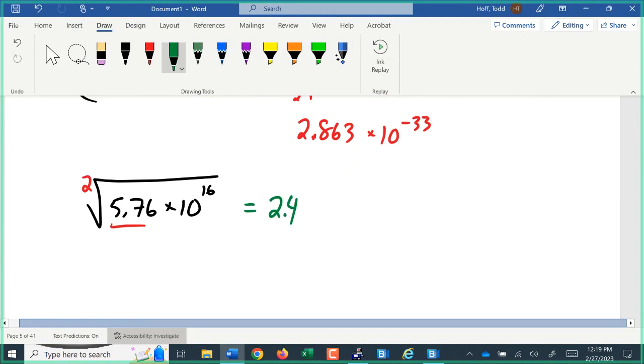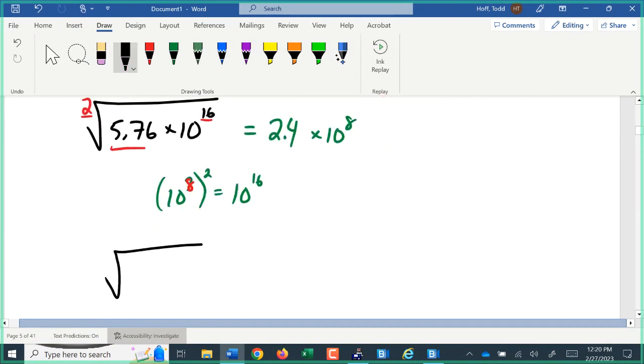And then for the power, remember this is asking 10 to what power squared would be 10 to the 16th. Well, since you multiply the powers, this would be 8 times 2 makes 16. So when we do a root, we're doing the reverse. We're dividing the powers. 16 divided by 2 is times 10 to the 8th.